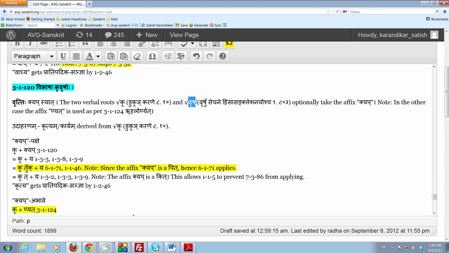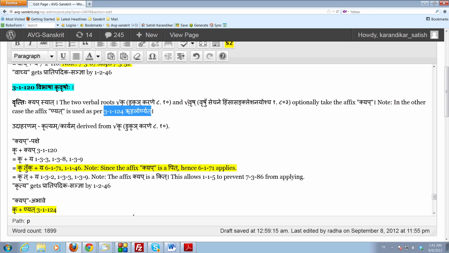In the absence of this sutram, vibhasha kru vrishoho, what would have happened to kru? Kru would have taken the affix nyat necessarily by ruhal or nyat, because kru ends in the rikara, ruvarna. So the dhatu kru would have taken the affix nyat necessarily by ruhal or nyat.